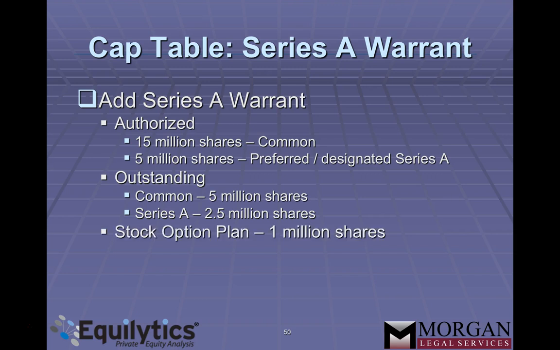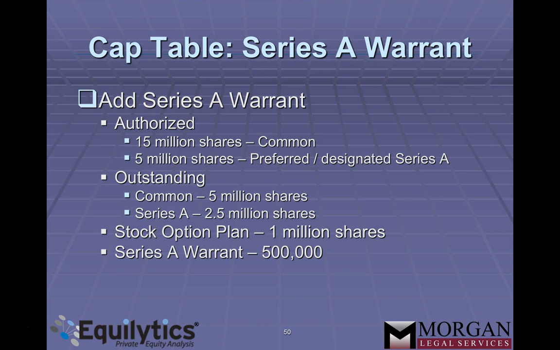Stock option plan, reserved 1 million shares, and the new kid on the block is the Series A warrant, which we're going to have issued or available for 500,000 shares. So this is a warrant that can be exercised for 500,000 shares of Series A.